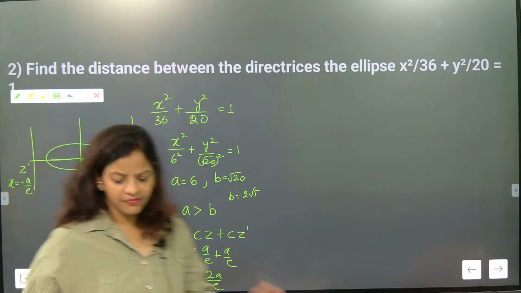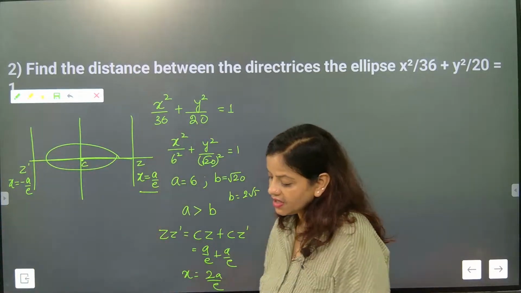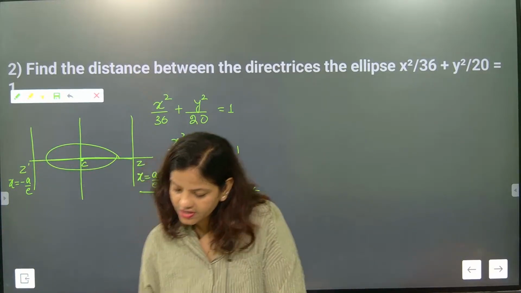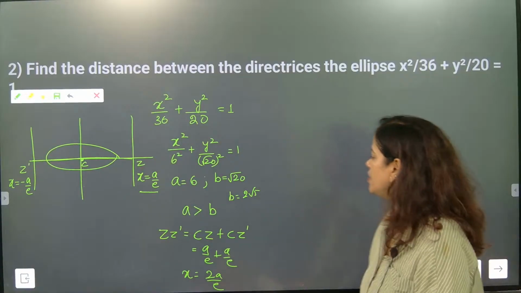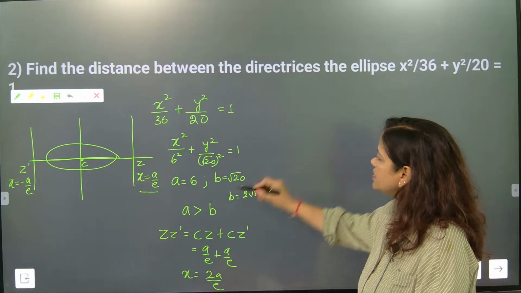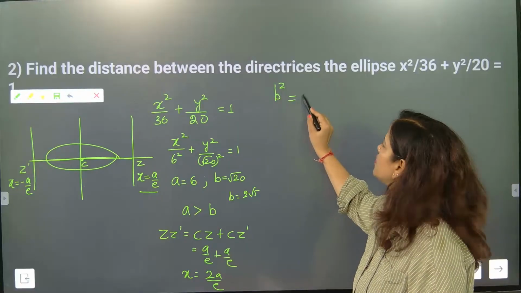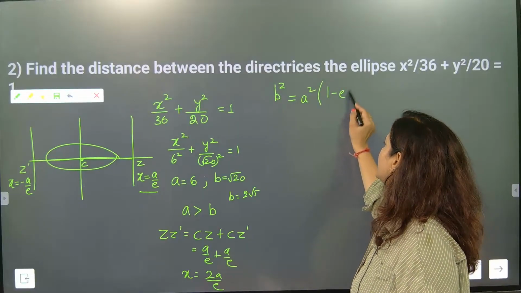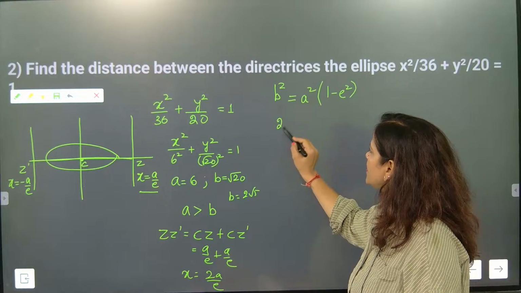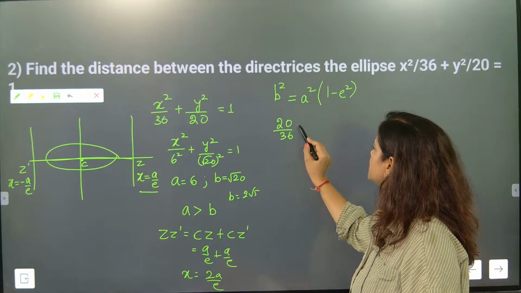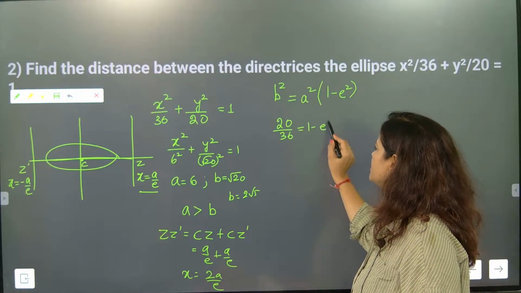Now, beta, we have everything. All the things are set. Very good, Rudra. I think you got the answer. 18 is the answer, beta. Super. Now for that, since a is greater than b, our equation will become b square equal to a square into 1 minus e square. b square is 20, so 20 by 36 equals 1 minus e square.